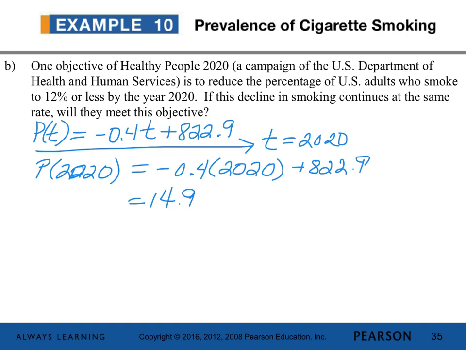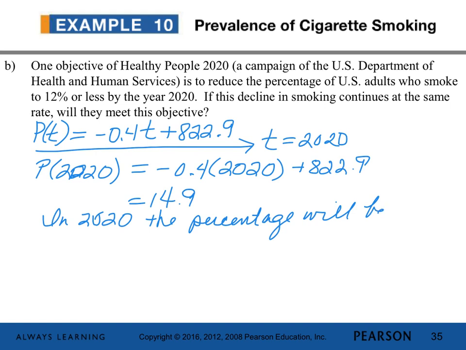That means in 2020, the percentage of the population that smokes will be 14.9%.